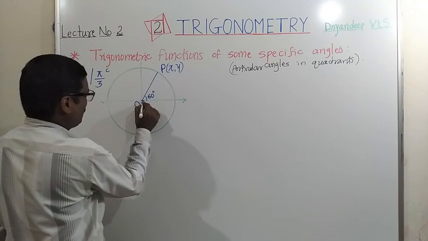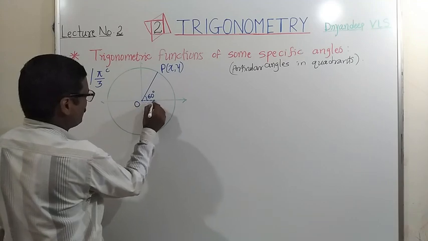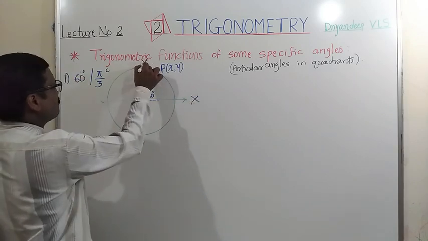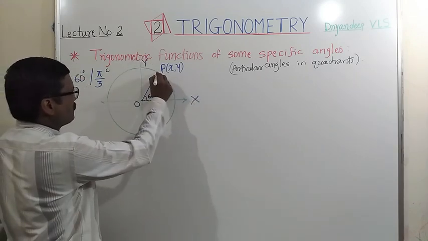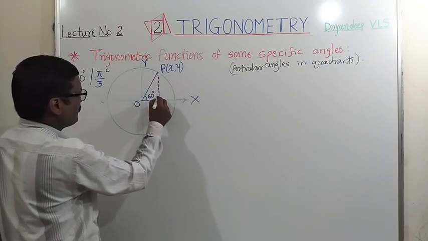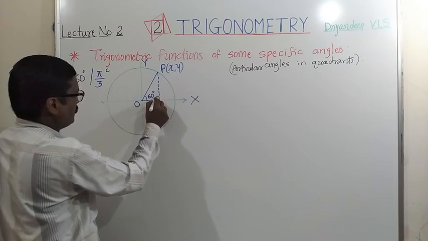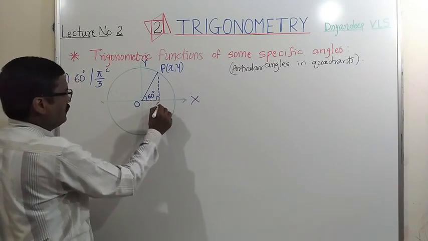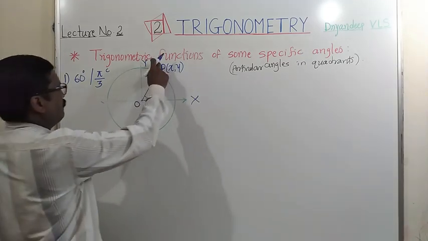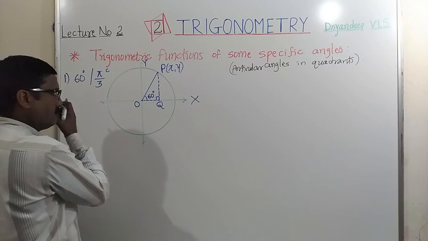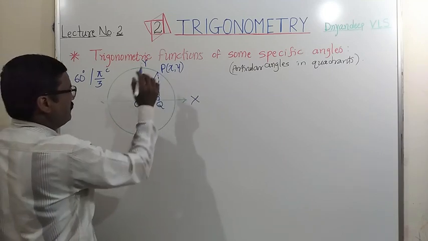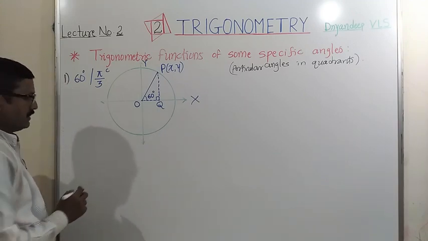It means the angle made by that line OP with the positive direction of the x-axis is equal to 60 degree. Let us draw a perpendicular from point P on the x-axis. Let the foot of the perpendicular be Q. So we get triangle OPQ, in which angle O is equal to 60, this Q is 90, so this angle will be of measure 30 degree.